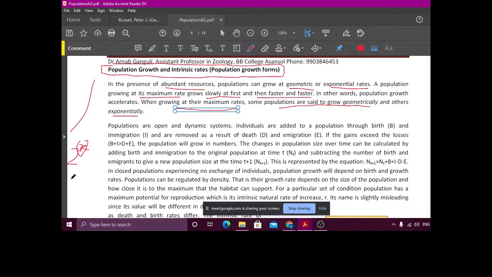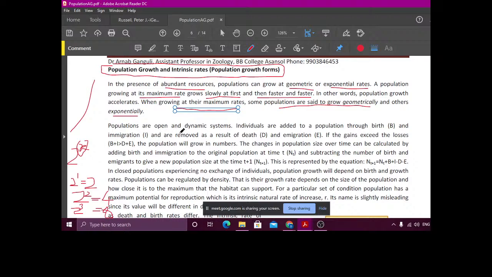For example, 2 to the power 1 is equal to 2, then 2 square is equal to 4, 2 cube is equal to 8.